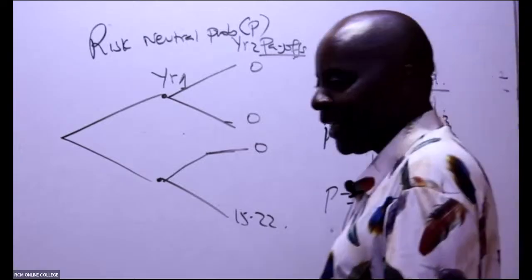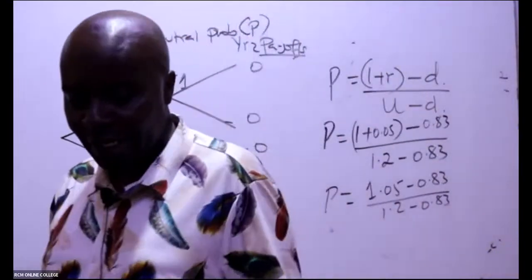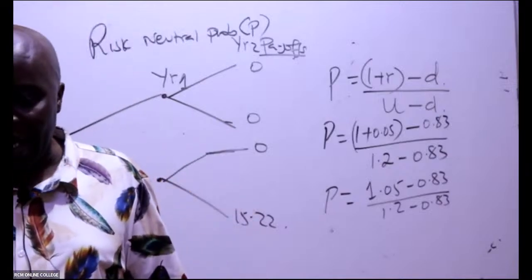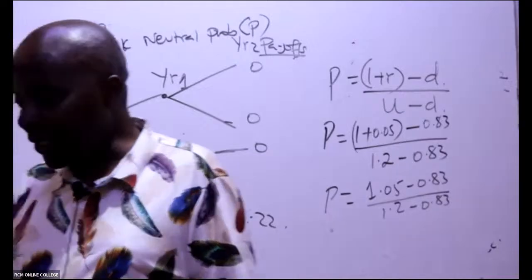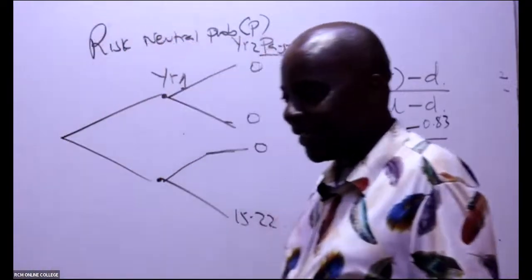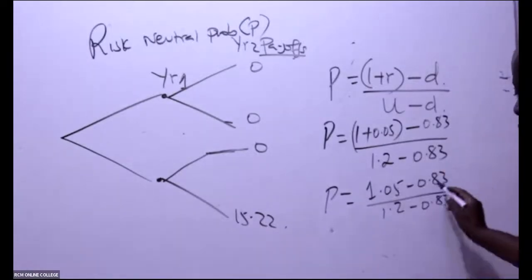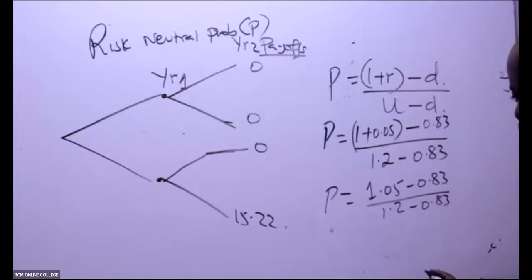So at the end of the day, who is able to give me this answer? I'm being given an answer of 0.59. You get this numerator divided by the denominator.